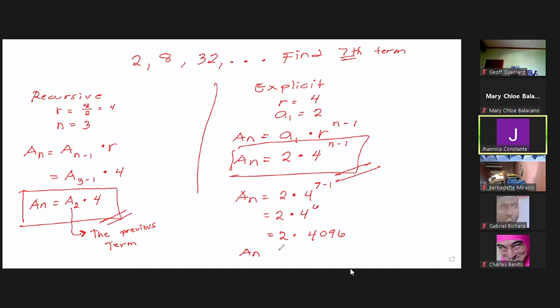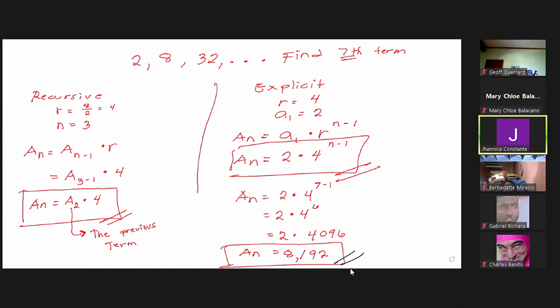So the seventh term of our geometric sequence is equal to 8192. So that is the seventh term of our geometric sequence. Okay. The recursive, if you're only looking for the next term after 32, you can use recursive. So that's the difference between the explicit and the recursive formula.